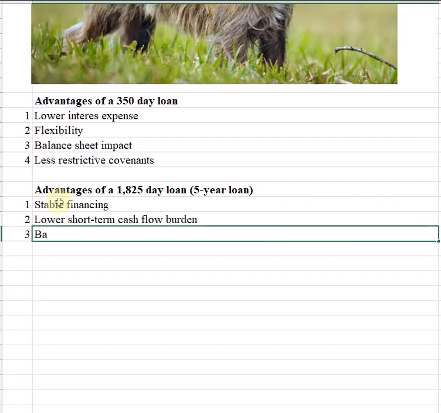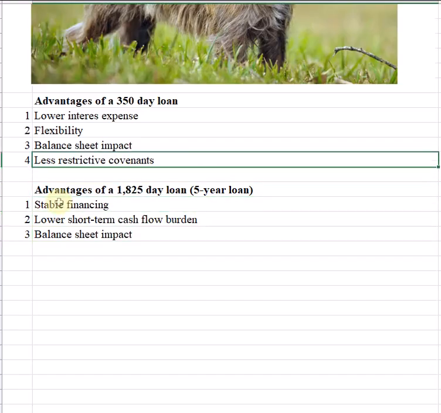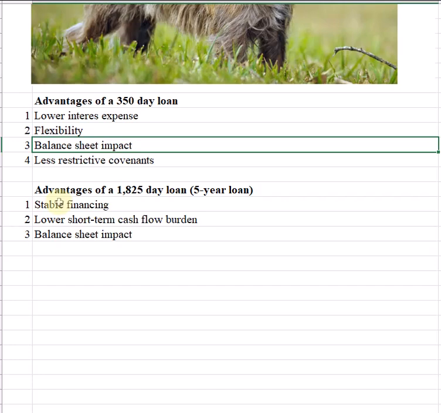All right, let's take a look at the balance sheet impact here. By the way, the balance sheet impact is not necessarily an advantage or a disadvantage. We're just looking at it. This loan would be classified as a long-term liability. Now, that would potentially improve the liquidity ratios, right? Because with the 350-day loan, we're impacting liquidity ratios, which are ratios that are really concerned with the company meeting its short-term obligations, like the acid test ratio or the current ratio.